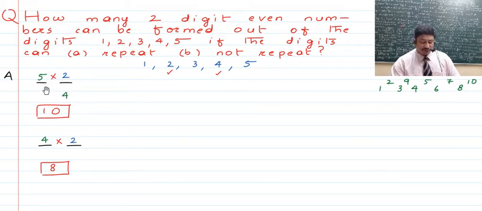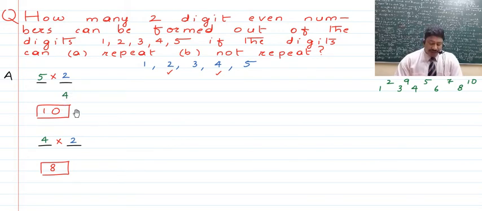So here also, the tens digit can be found in 5 ways and the units digit can be found in 2 ways. So 5 into 2 will be the total number of ways to get the different even numbers formed from the digits 1, 2, 3, 4, 5, such that repetition of digits is allowed.